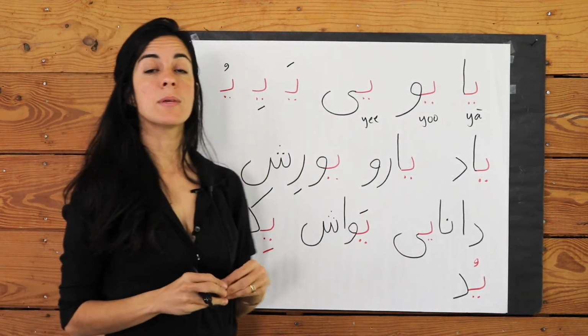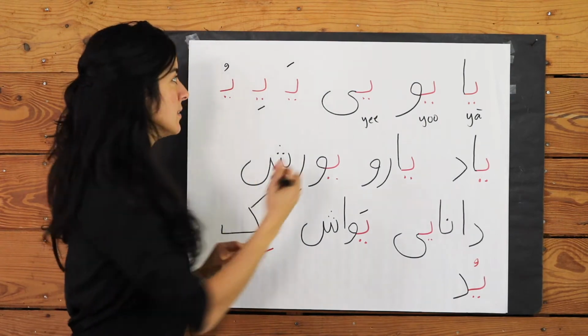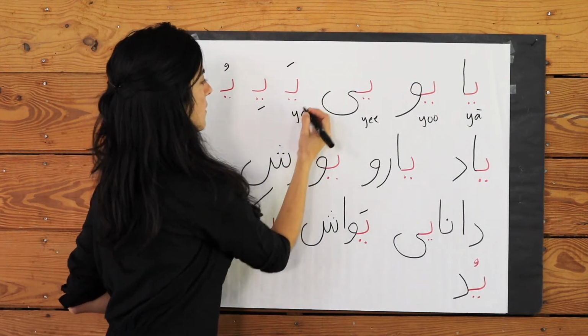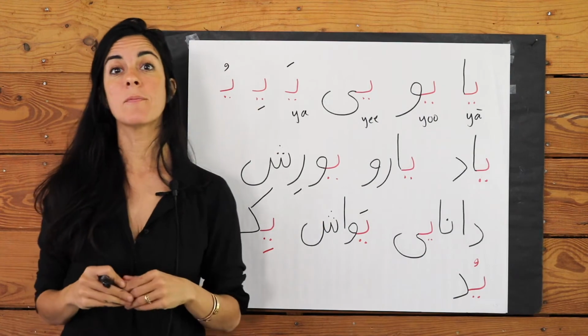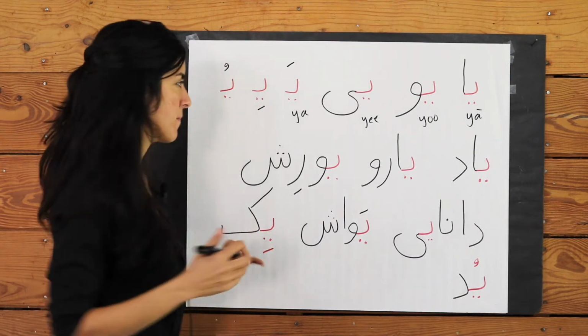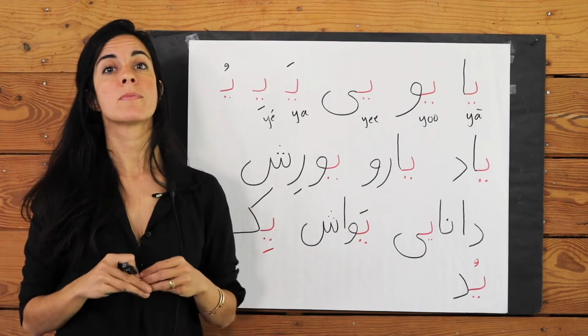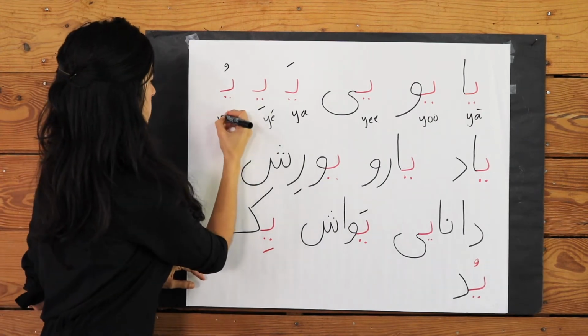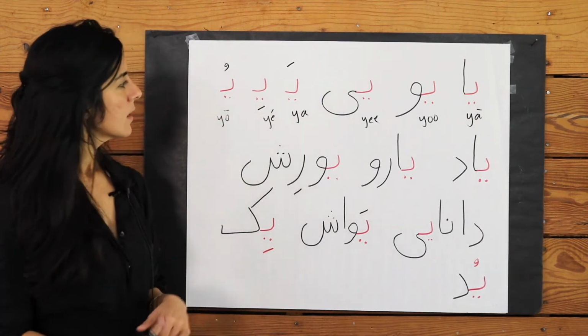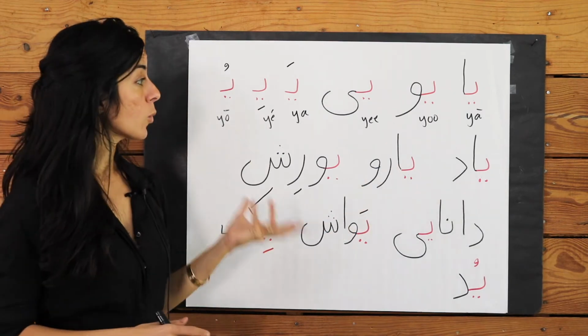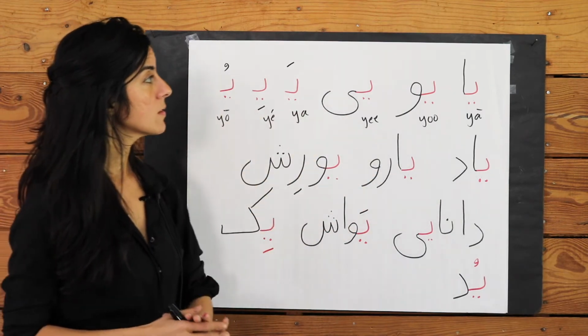Ye with an a becomes ya. Ye with an e becomes ye. And a ye with an o, yo. Now let's go over our words that we built with these combinations.